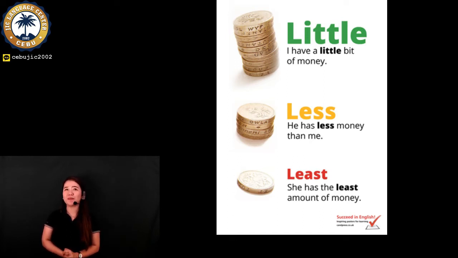I have a little bit of money. Last one: she has the less amount of money.